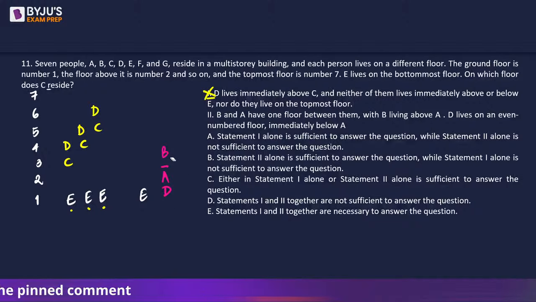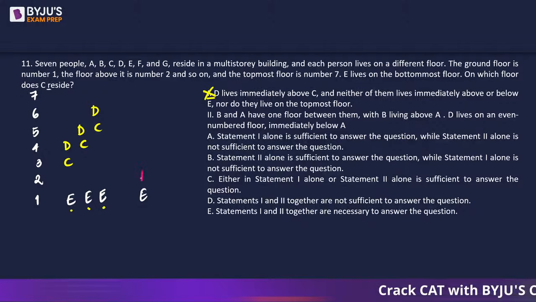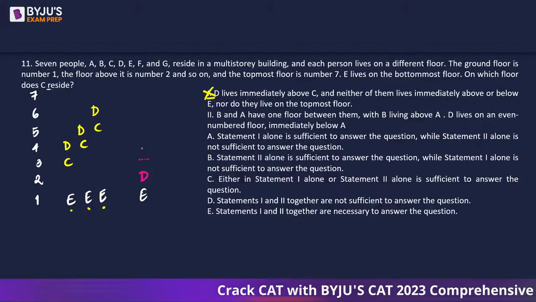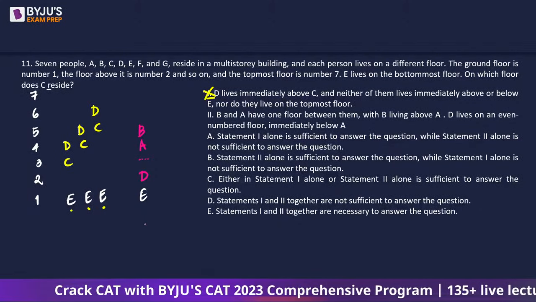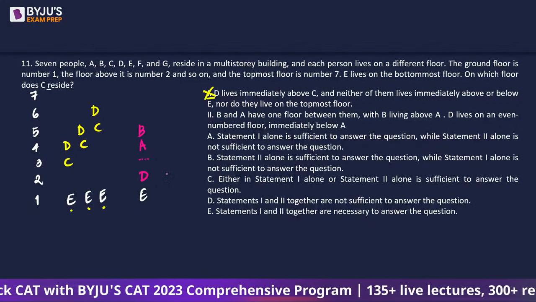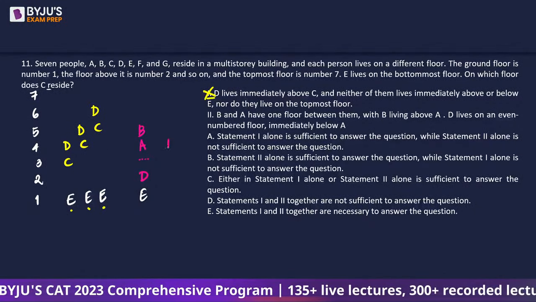B, blank, A, D. Since we know that D lives on an even numbered floor, we can have D, A, blank, B. Next possibility is D can go at 4th.